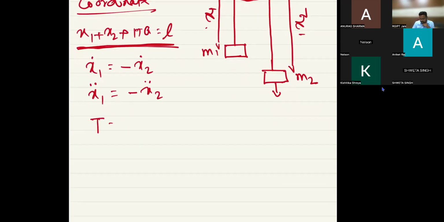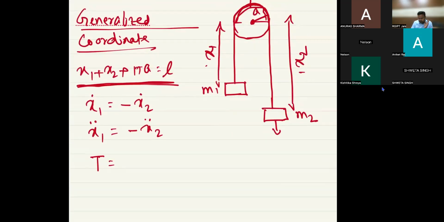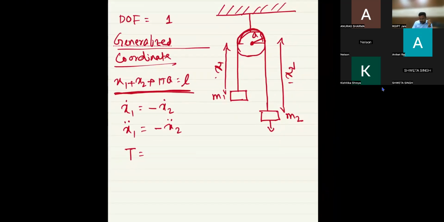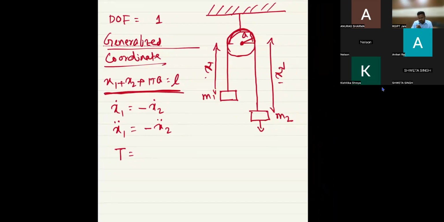Now, what will be the kinetic energy for this system? Can you tell me the expression? Kinetic energy is half m v square.